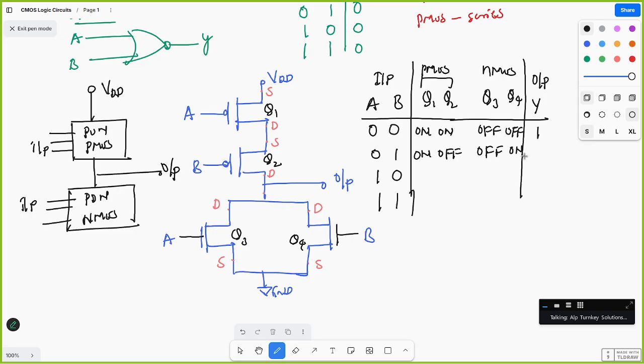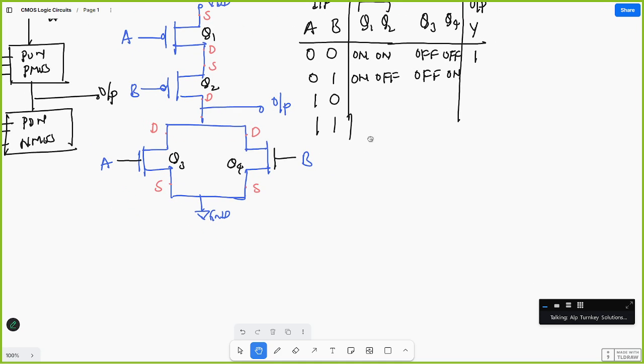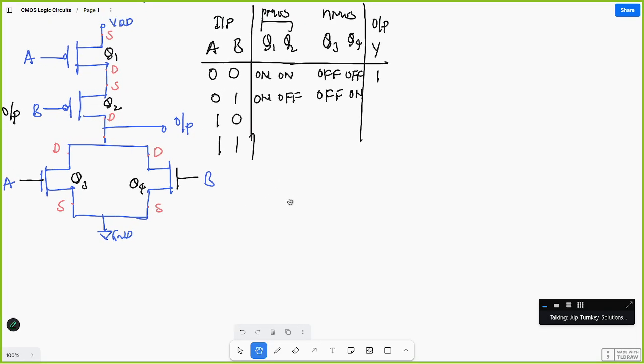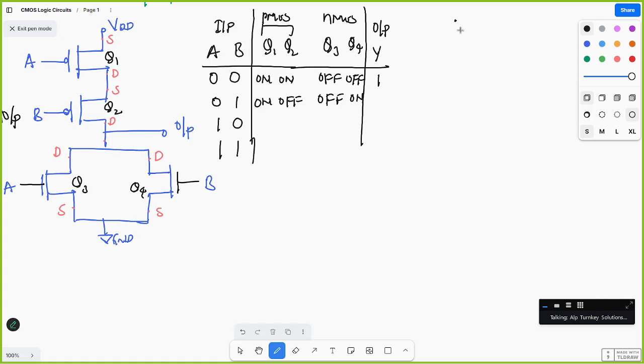Shall I draw and explain the operation? Yes, sir. So see here, the first case is when both inputs are 0 0. Both PMOS will be on, so they act as a short circuit.